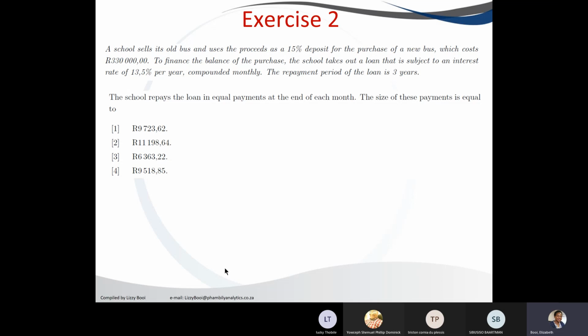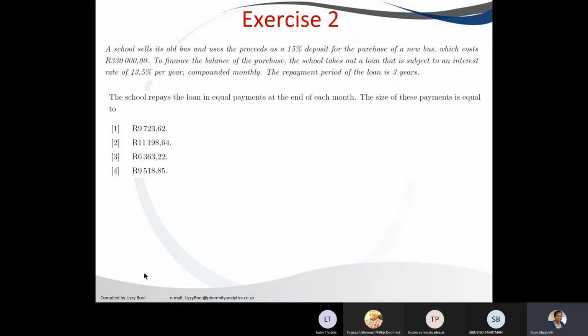So in the chat, tell me, is this a present value or a future value calculation that you did? Present value calculation, because it's a loan.